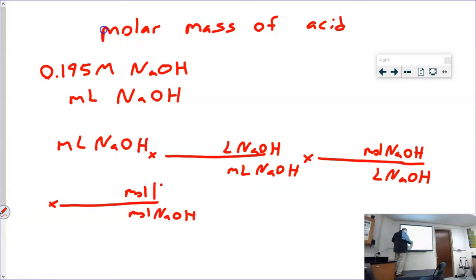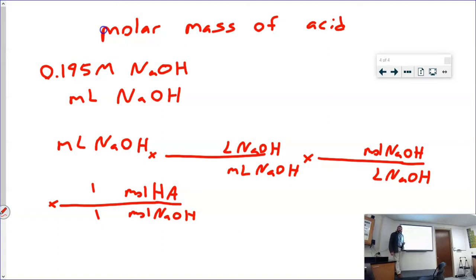I'm just going to write HA. The H is the hydrogen ion on an acid. The A is some generic anion. It doesn't matter what it is, because we don't know which acid is which.